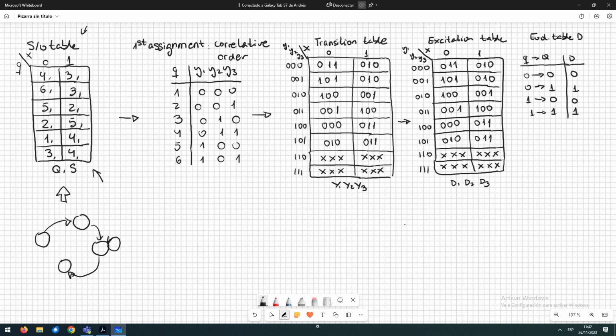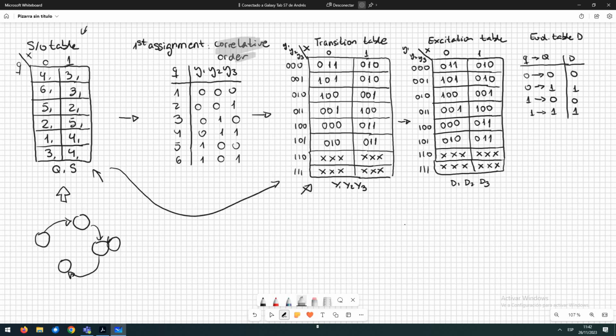So in order to obtain the transition table, we have to codify the states with binary code. Well, the transition table is just the same as the state output table, but removing the outputs and using the binary code of the state. It's just copying this table here using the binary assignment we have used for the states. In this example, I have used correlative order.